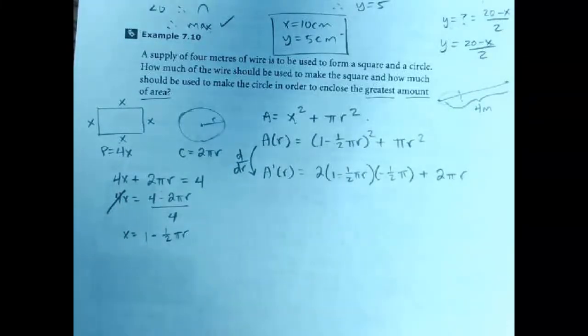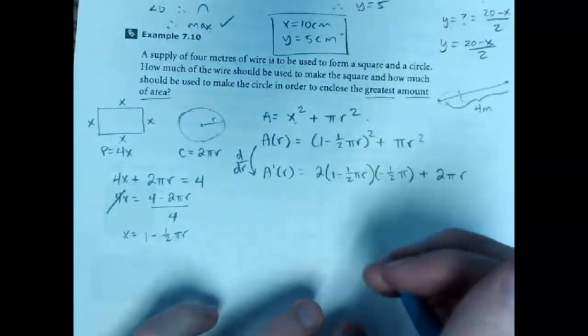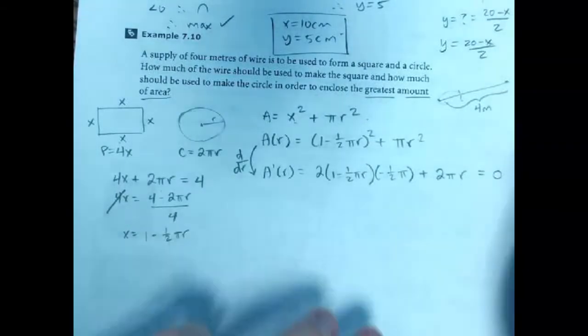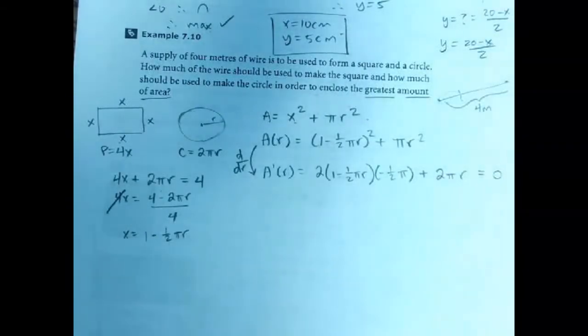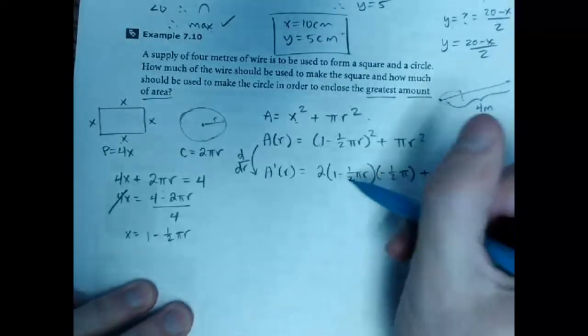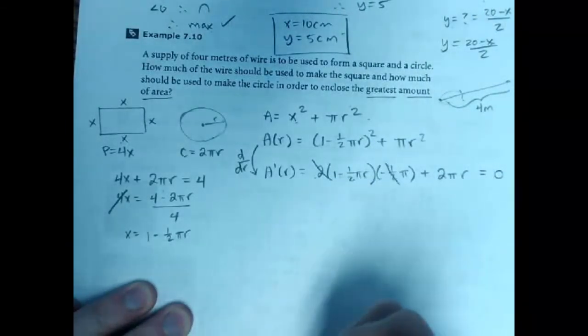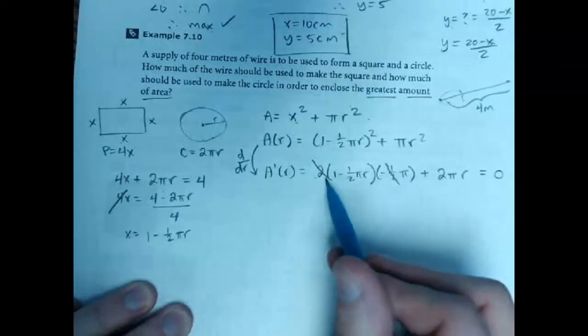Okay, so I've got this derivative. Now, remember what I need to do is set it equal to 0 and then solve. So let's put on our algebra hats and go through this fairly quickly. You have the 1/2 and the 2. Those are going to cancel. You have a negative pi that needs to get distributed.